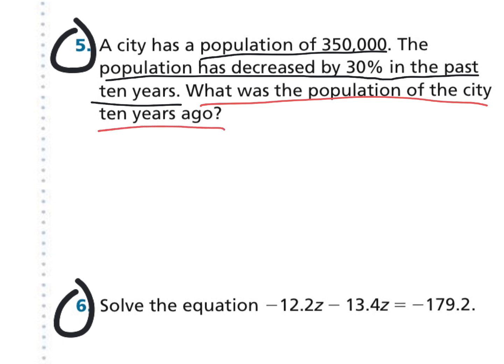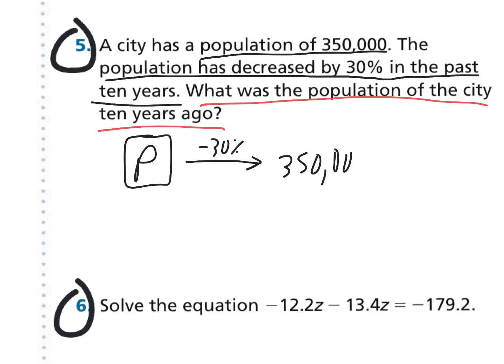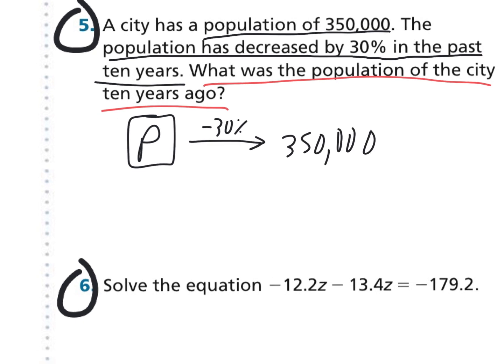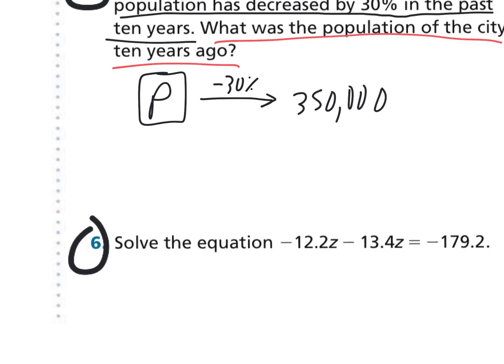Okay, so if you think about it, they had some population, and then it went down by 30%, and then now we're at 350,000. That would be a way of visualizing what's happening there.